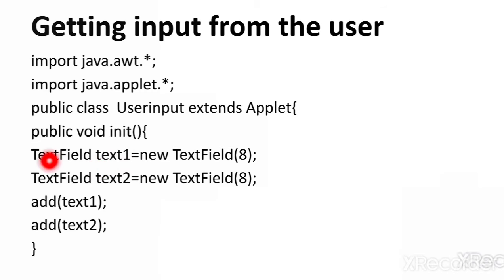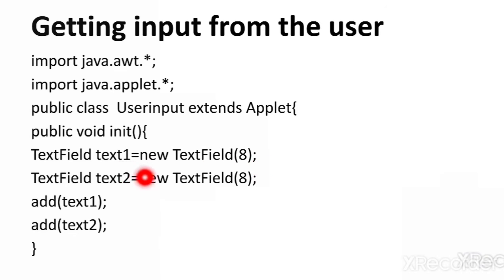The TextField class is a class supported by the applet package to create text boxes. So I'm creating objects of TextField, that is text1 and text2, and I'm fixing the size of the text box to 8 characters so that the text box can accept a maximum of 8 characters from the user.